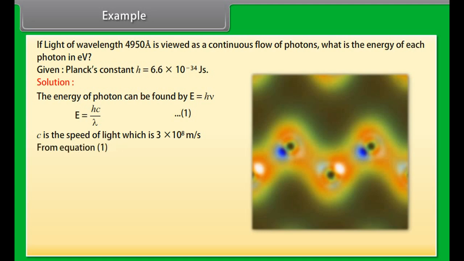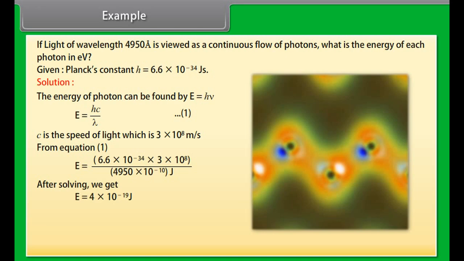From equation 1, E equals 6.6 × 10^-34 into 3 × 10^8 by 4950 × 10^-10 joule. After solving, we get E as 4 × 10^-19 joule.